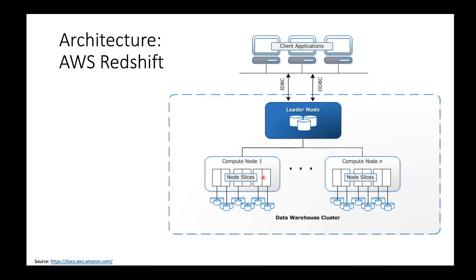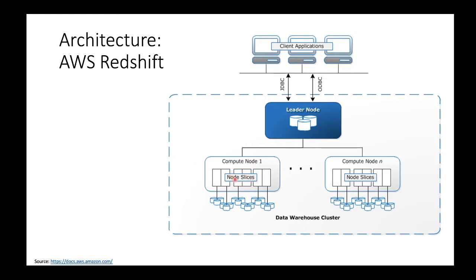Now, the unit of parallelism specific to Redshift is what's referred to as a slice. When you provision your infrastructure, the resources like RAM and storage are split into units called slices, and a slice is essentially how a query is parallelized. When the leader node sends a piece of work to the compute nodes, it splits it across based on the number of slices.